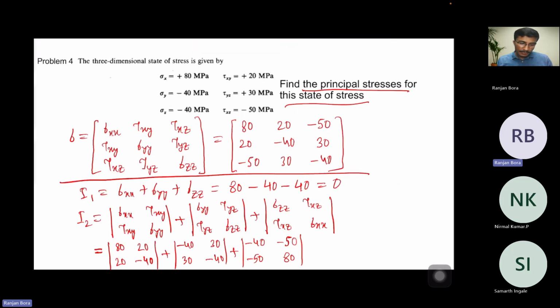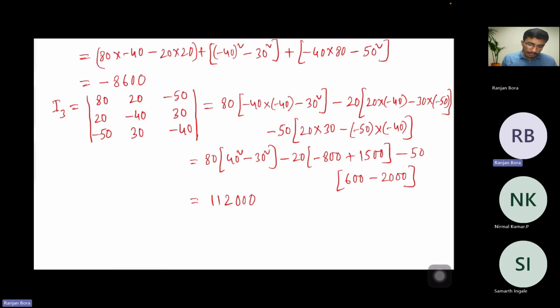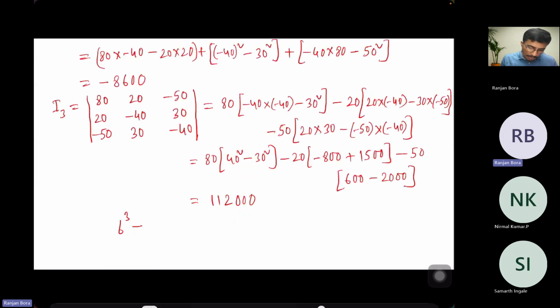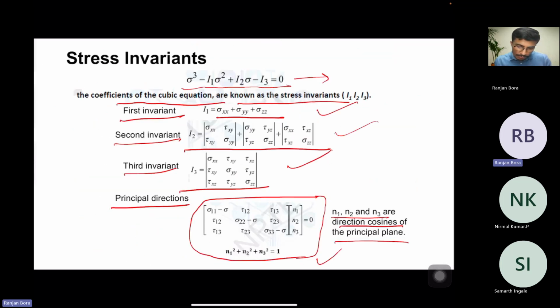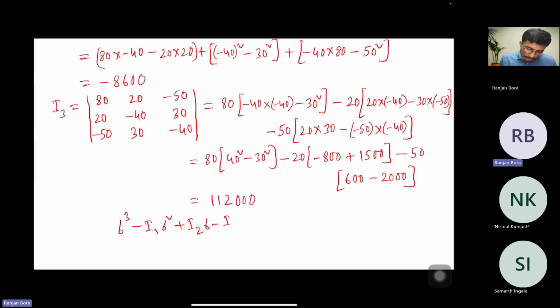Okay, now we'll substitute this I1, I2, and I3 in this characteristic equation, which is sigma cube minus I1 sigma square plus I2 sigma minus I3 is 0.